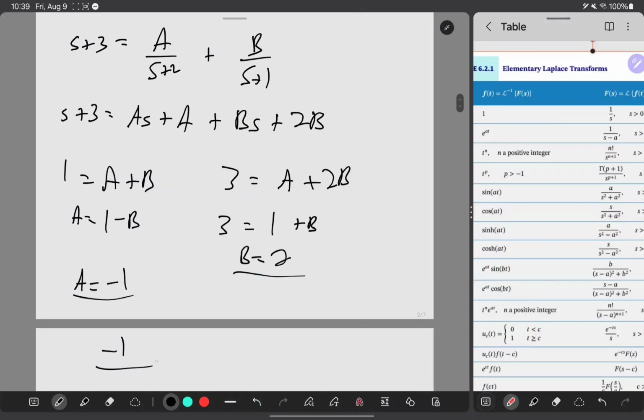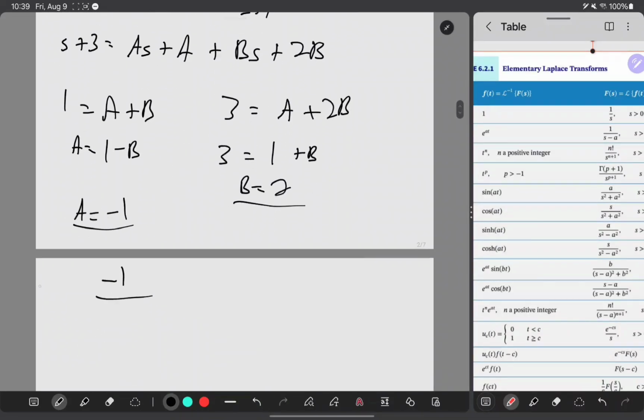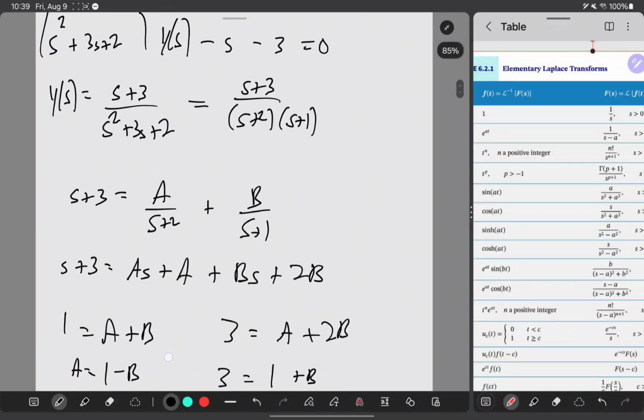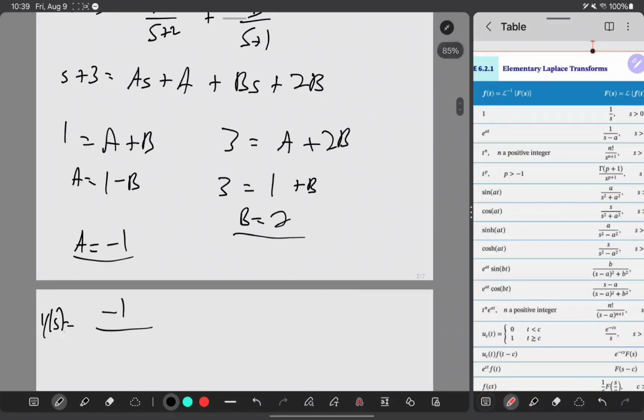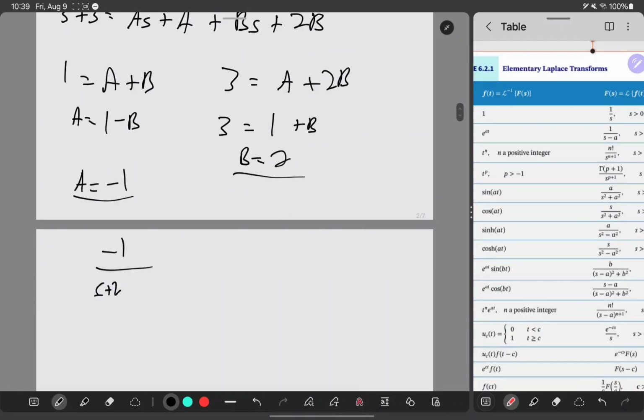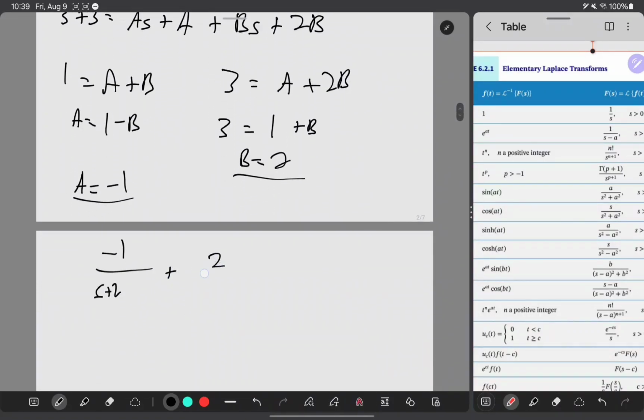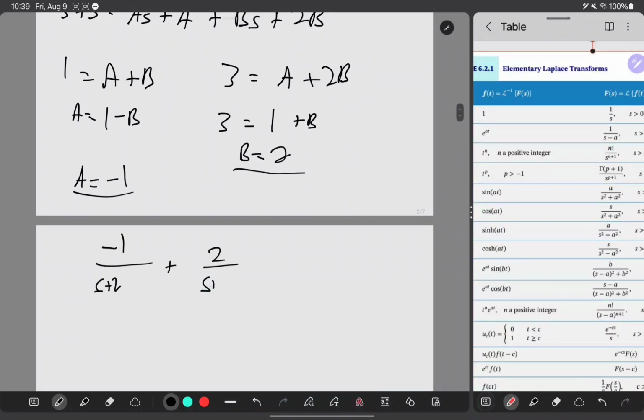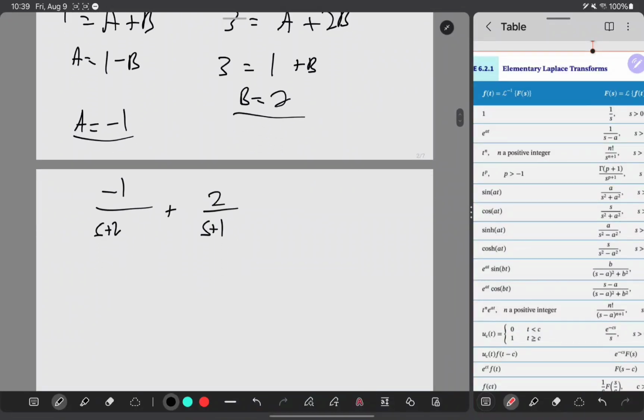That's negative 1 over S plus 2 plus 2 over S plus 1. Let's look at our Laplace table.